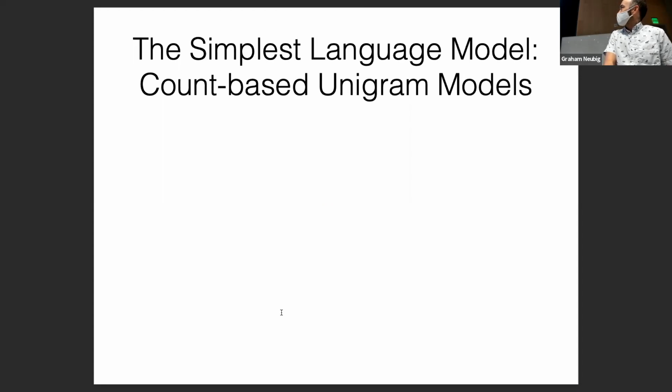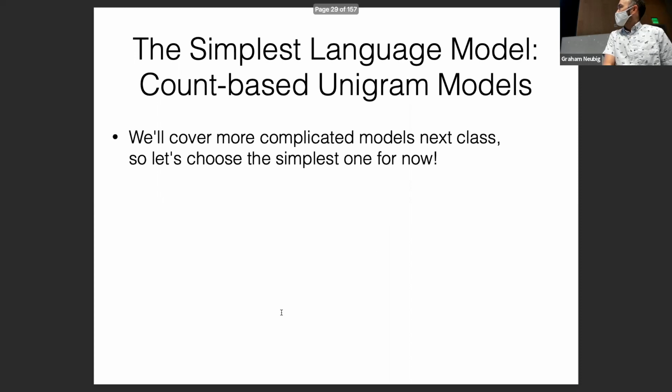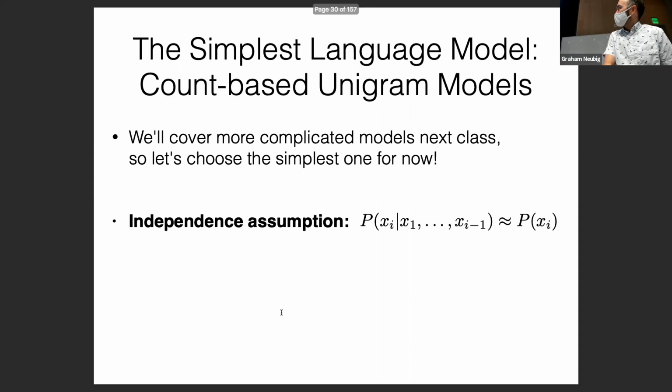So the simplest language model is a count-based unigram model. As I said, we'll cover more complicated things later, so we'll pick a very simple one that makes an independence assumption. In other words, it assumes that every single word in the sentence is independent of all of the other words.